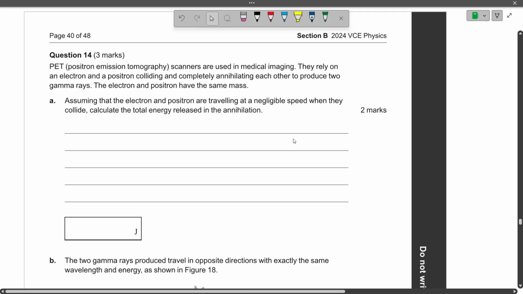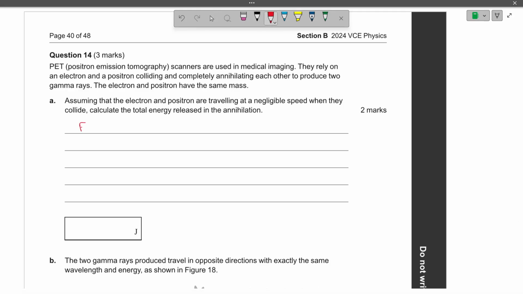Okay, so when I saw this, I thought, okay, you've just got things that have mass being destroyed and turned into energy, and that sounds like E equals mc squared to me. So the energy released is equal to the total mass times c squared. The total mass involved in this collision is the mass of the electron and the positron, and it says that they have the same mass, right?